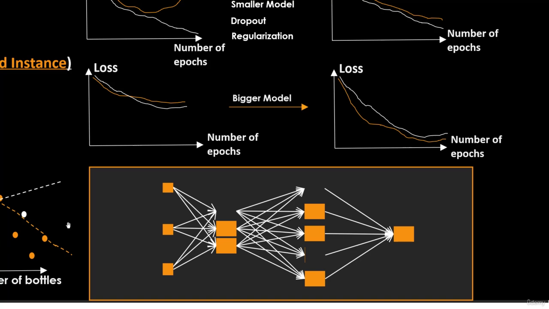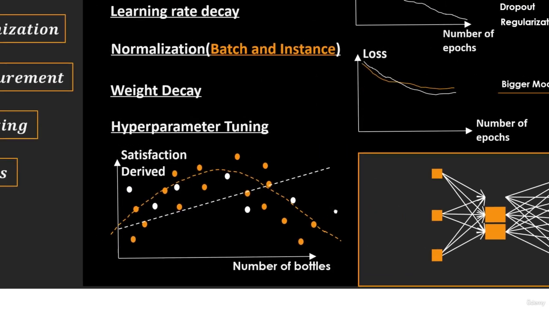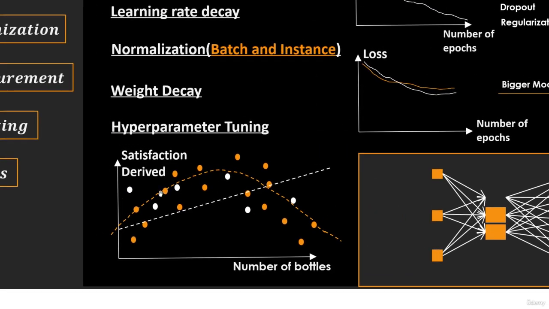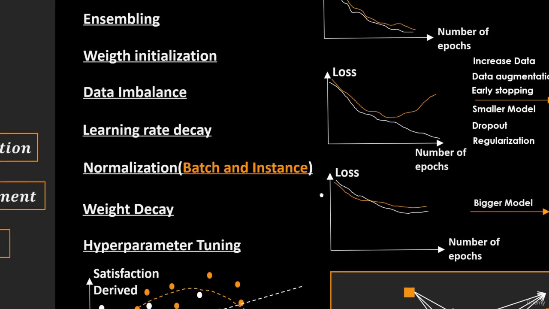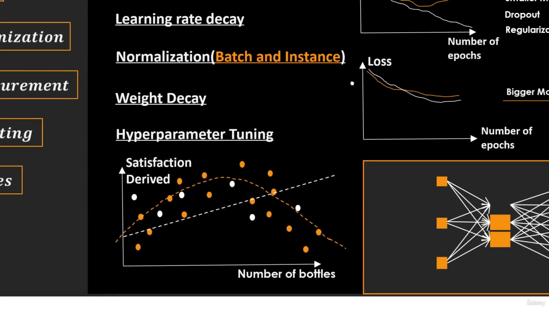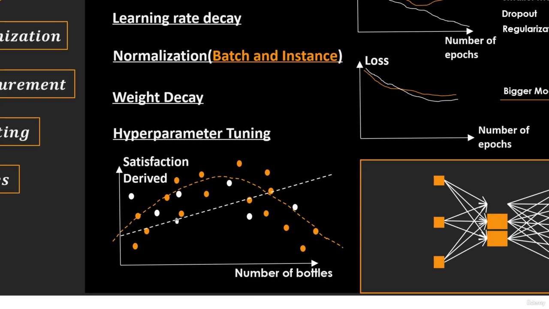Now, you have to also be careful not to over-increase the model, because if you do, we will get back to overfitting. So we have to be careful to choose the right balance between an overfitted model and an underfitted model.